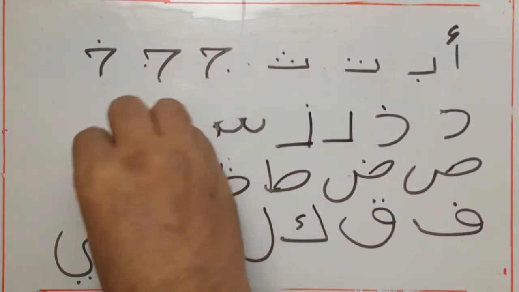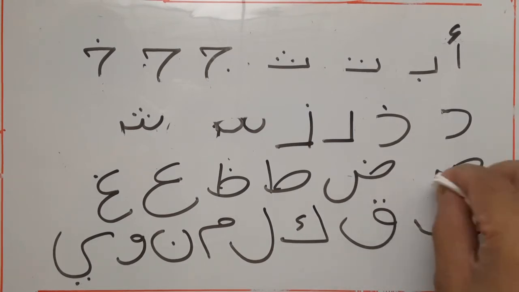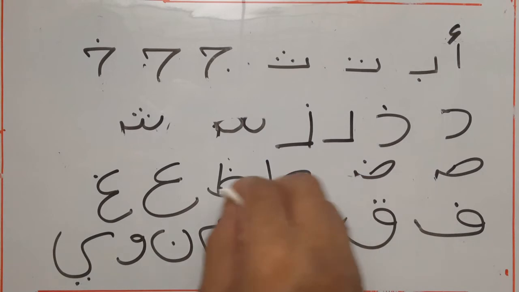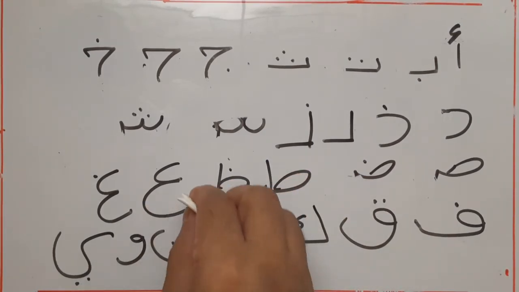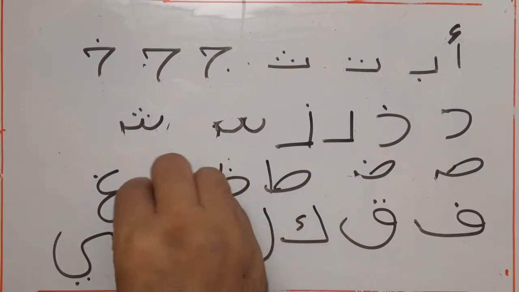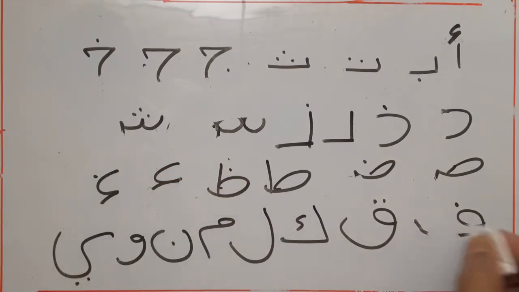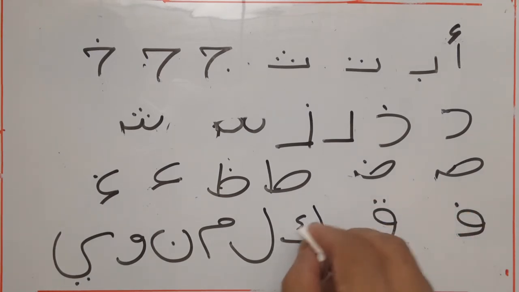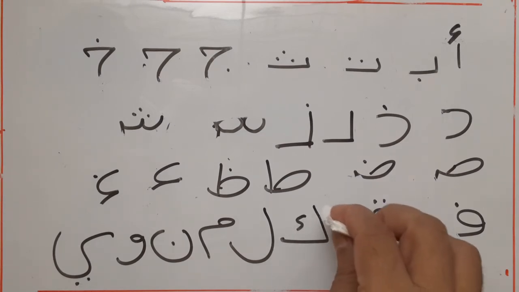Sheen, same here. Sad, dad, ta stay the same, and we have an ain, take that off, ghain, fa, qaf, kaf. You keep the middle of the kaf here, which becomes a small kaf.